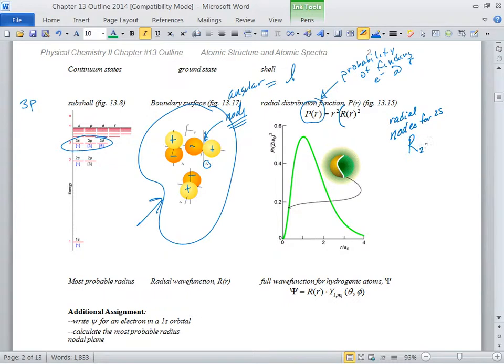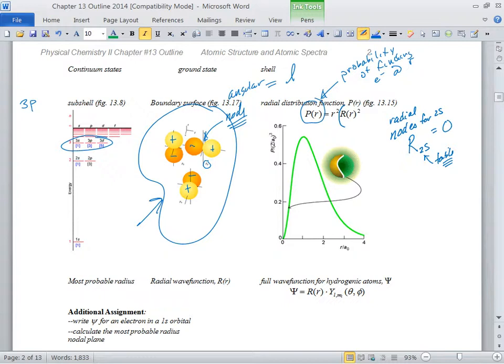You find in the reading the radial wave function for the 2s, set it equal to 0 and solve for it. Again, this is just from a table in the book. I think it's on page 349.